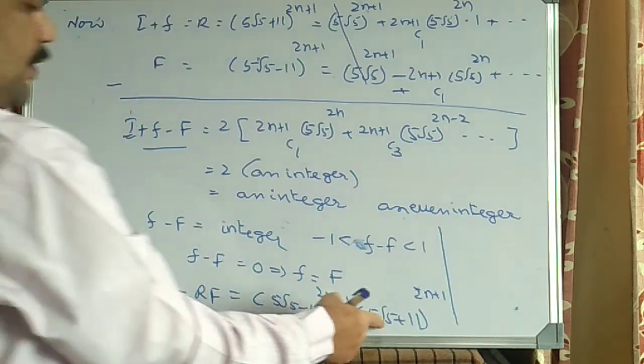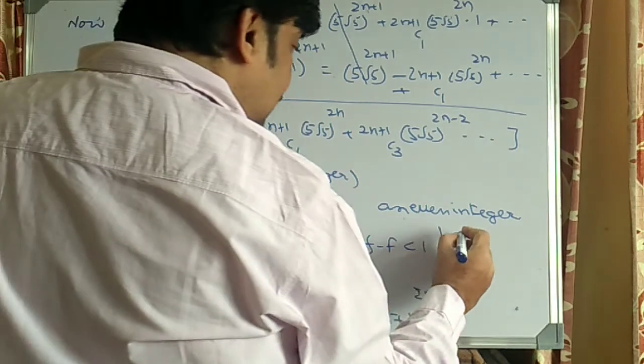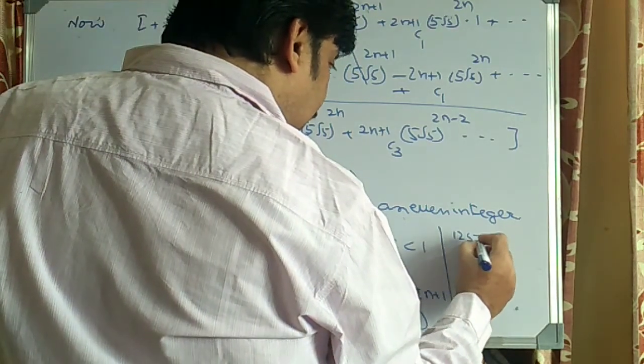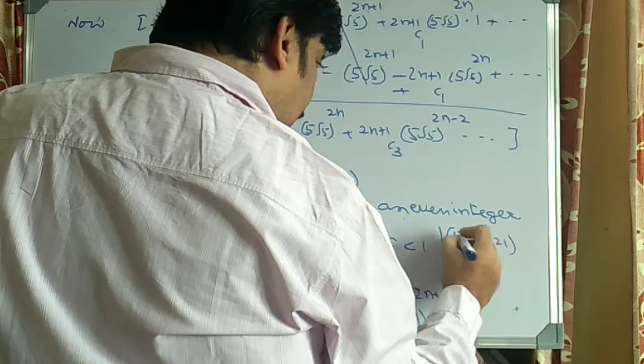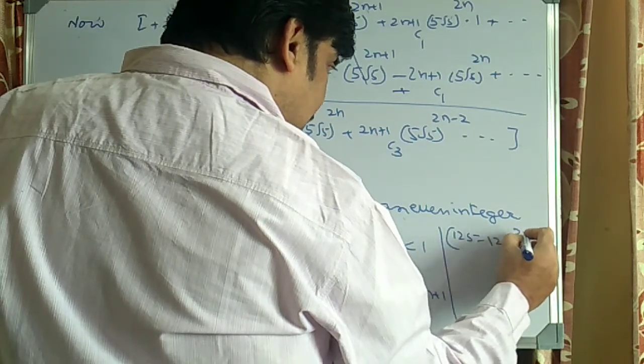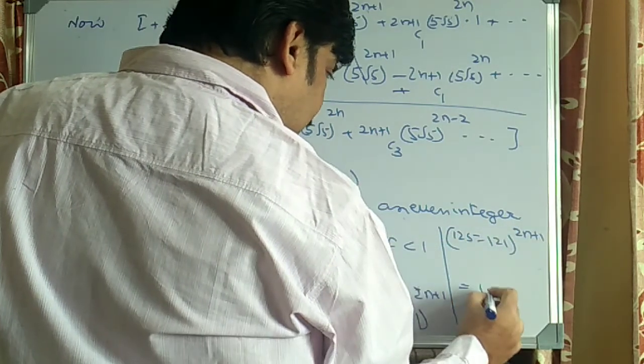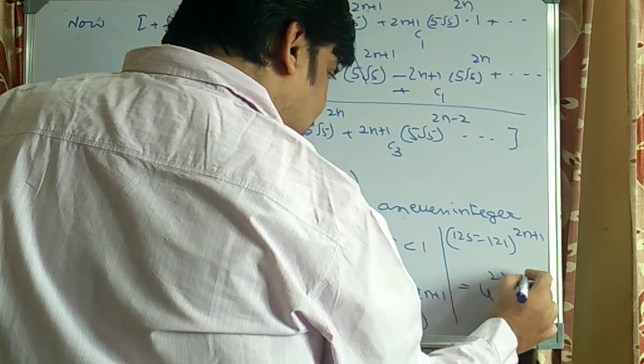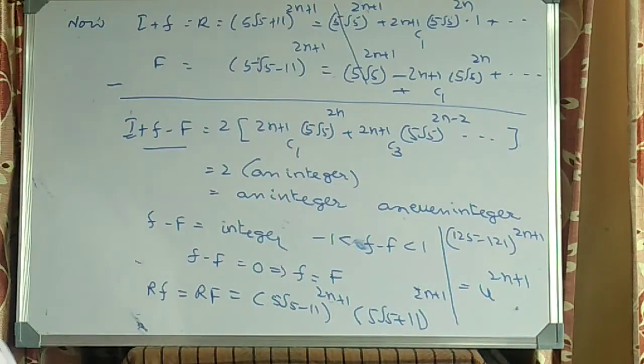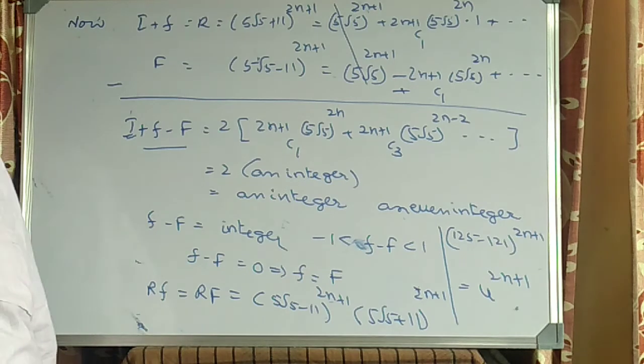This is (a − b)(a + b), which is a squared minus b squared, nothing but (125 − 121) to the power 2n+1. So the answer will be 4 to the power 2n+1.